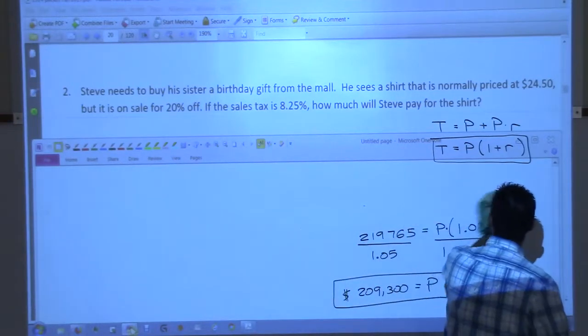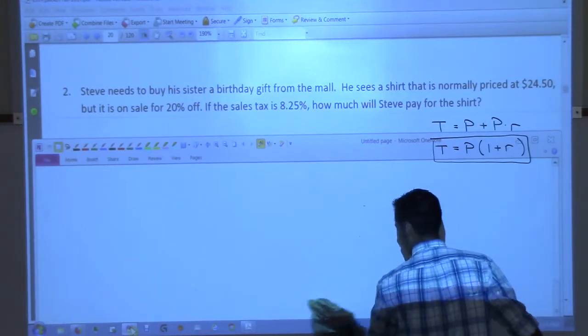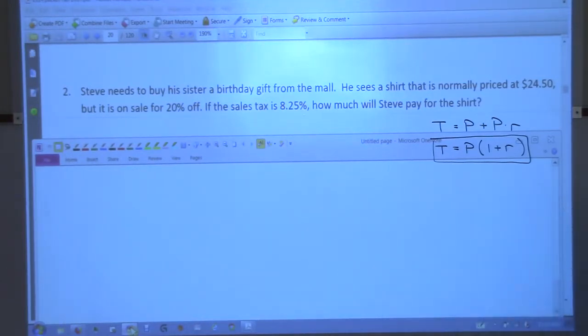All right, let's think about this. $24.50. Is that the price of the shirt? Is that how much he's going to pay for the shirt before tax?